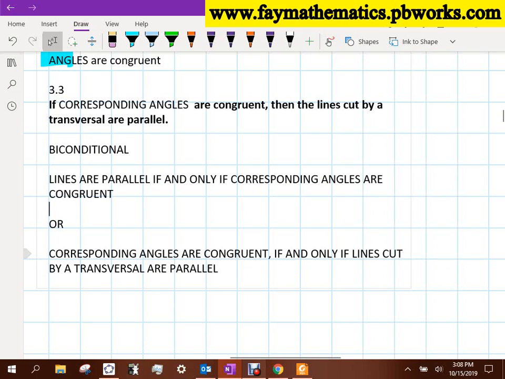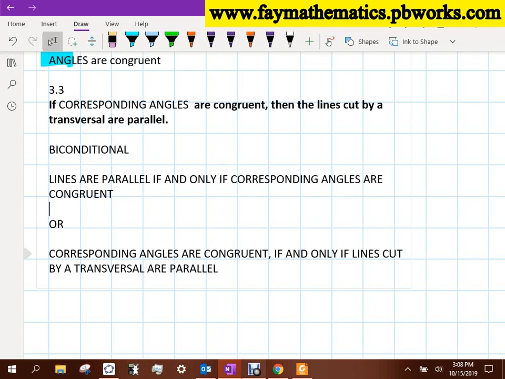It says lines are parallel if and only if corresponding angles are congruent. If you start with parallel lines, your conclusion is congruent corresponding angles. But if you start with congruent corresponding angles, your conclusion is that the lines are parallel. You can read that forwards and backwards.